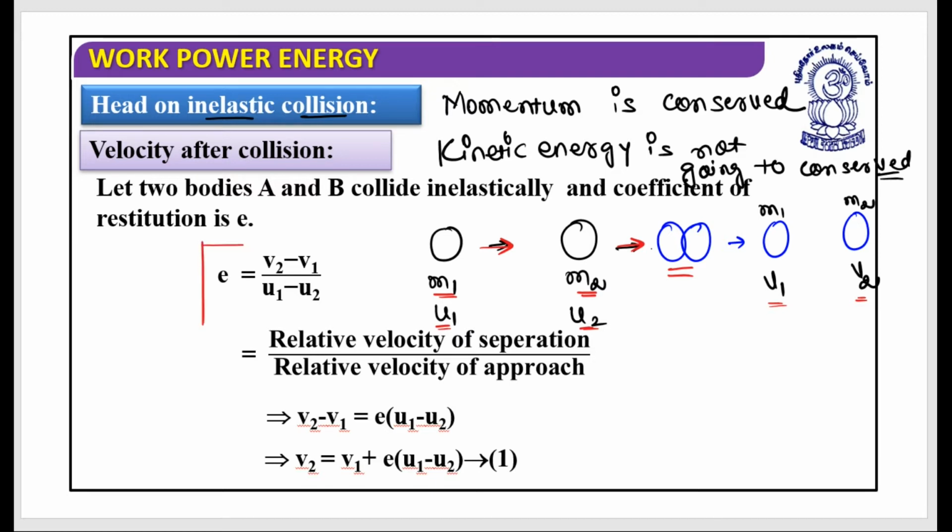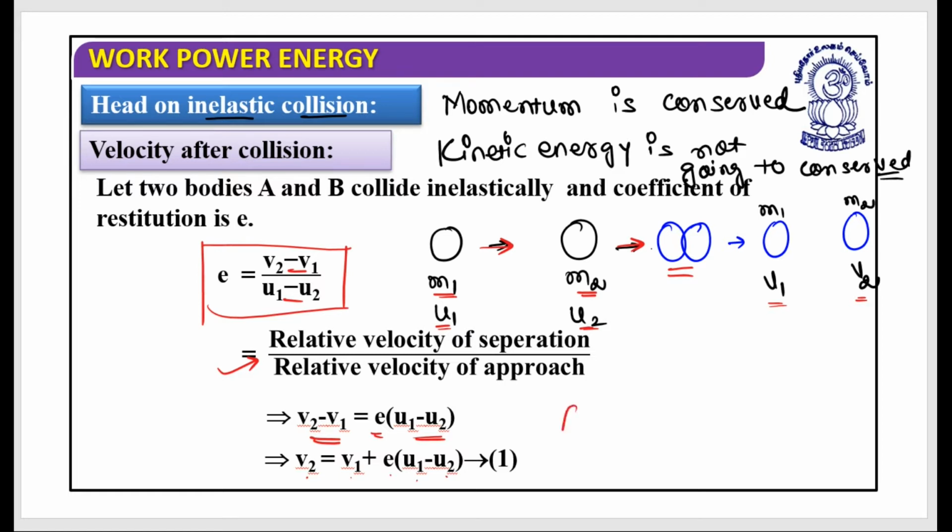We know the coefficient of restitution is the relative velocity of separation divided by the relative velocity of approach. So e = (v2 minus v1) divided by (u1 minus u2). Hence v2 minus v1 equals e into (u1 minus u2), so v2 equals v1 plus e into (u1 minus u2).